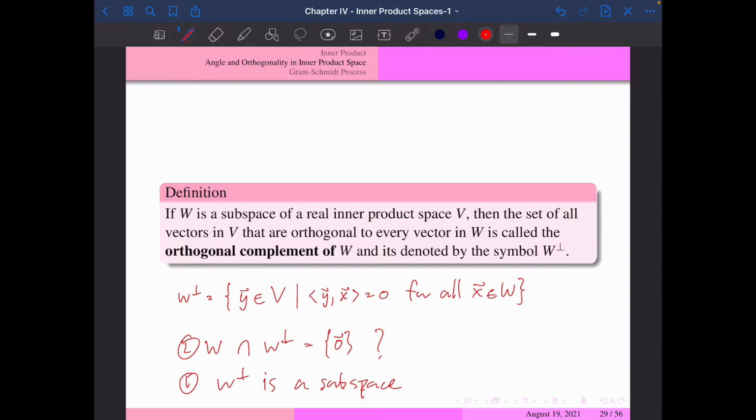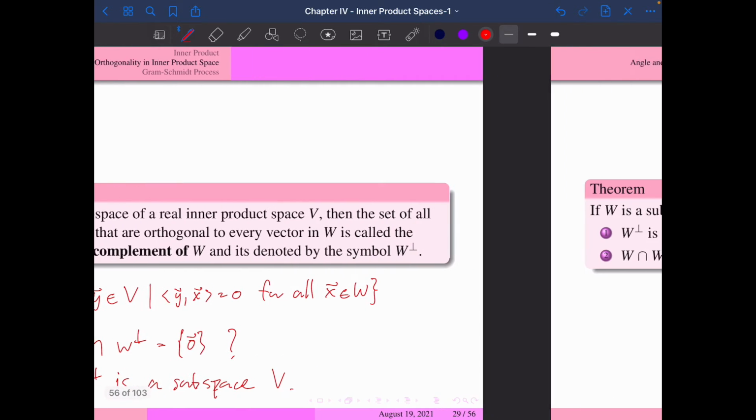What is the answer for the 2 questions? Both are true. What does it mean?